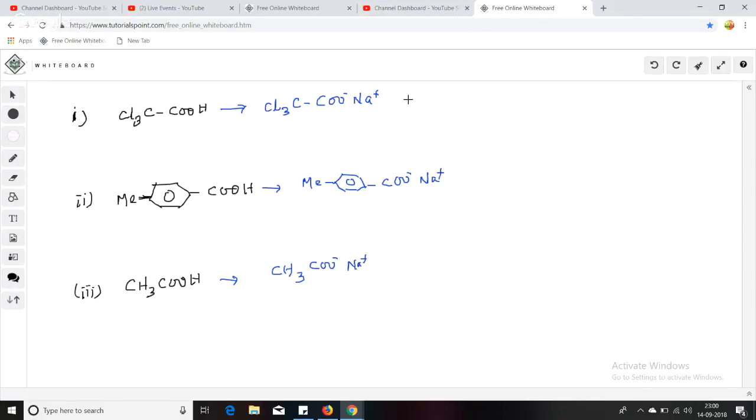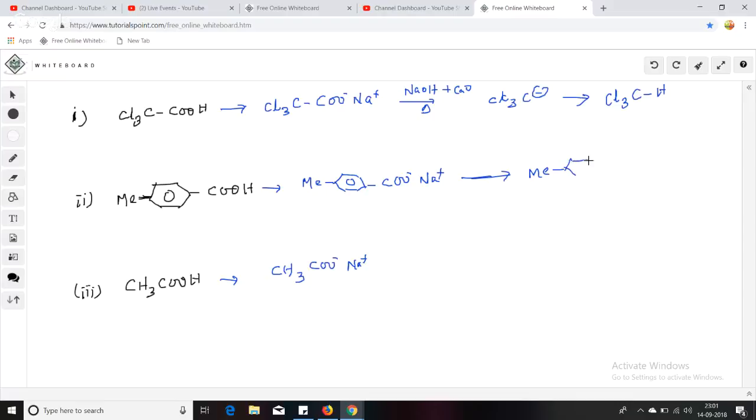Now when this reacts with NaOH plus CaO and you heat it, it forms the anion Cl3C minus plus Na2CO3, which further by the addition of H plus forms Cl3CH.